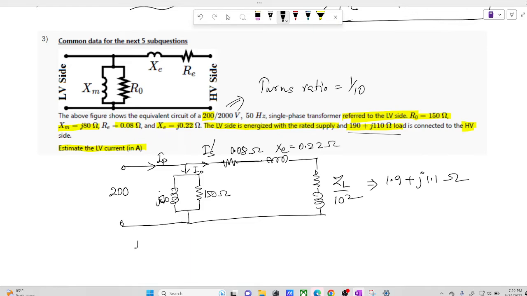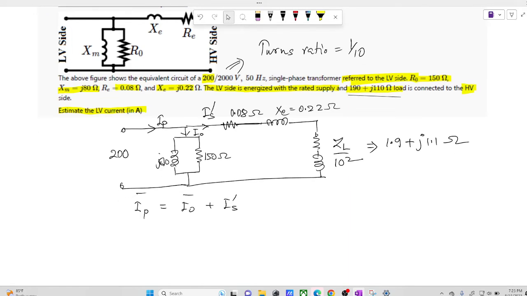So it has been asked to find out the current on the low voltage side. So that is I_p, and this will be equal to I naught plus I_s. So proceed to solve this question. For this part of the circuit you find I_s, and this is connected in parallel to the supply, so you can find I naught directly.